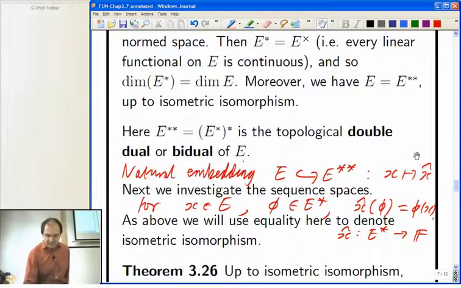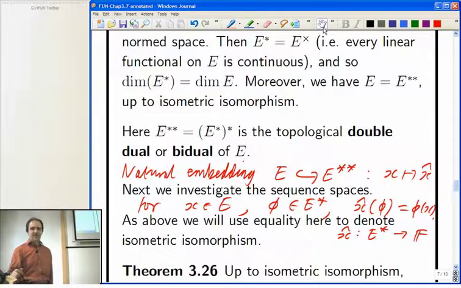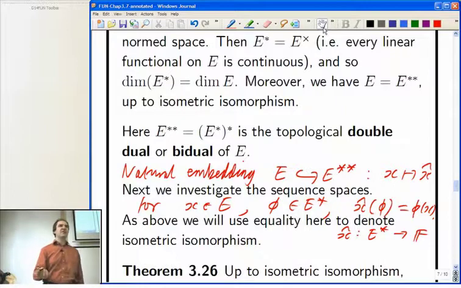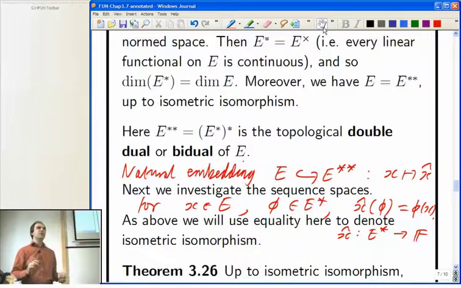But in the case of this works for all norm spaces, but for finite dimensional spaces, because the dimension of E and the dimension of E star and the dimension of E double star are all the same, this isometric embedding actually has to be surjective as well, which is something you don't usually expect to happen for a norm space. In the infinite dimensional setting, it's a special case when you actually get this map being onto, whereas in finite dimensional setting, when you take the dual, you get the same dimension.